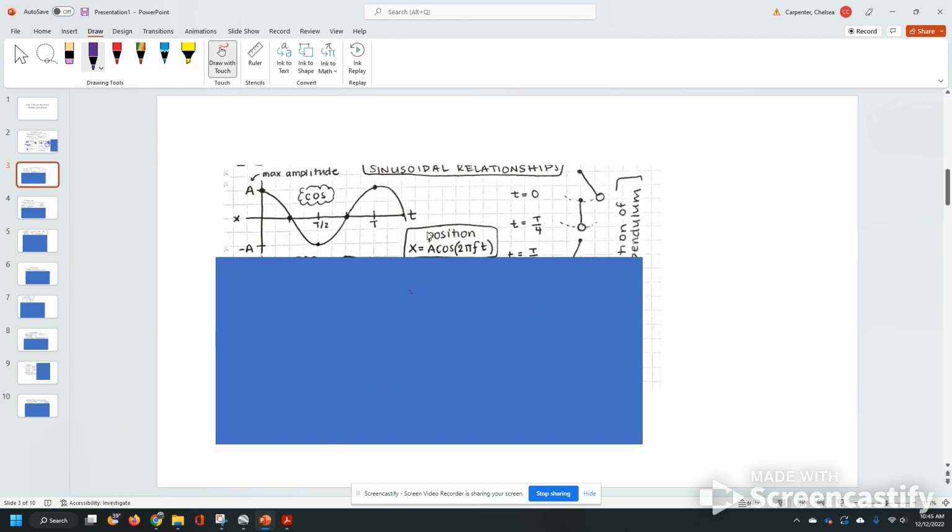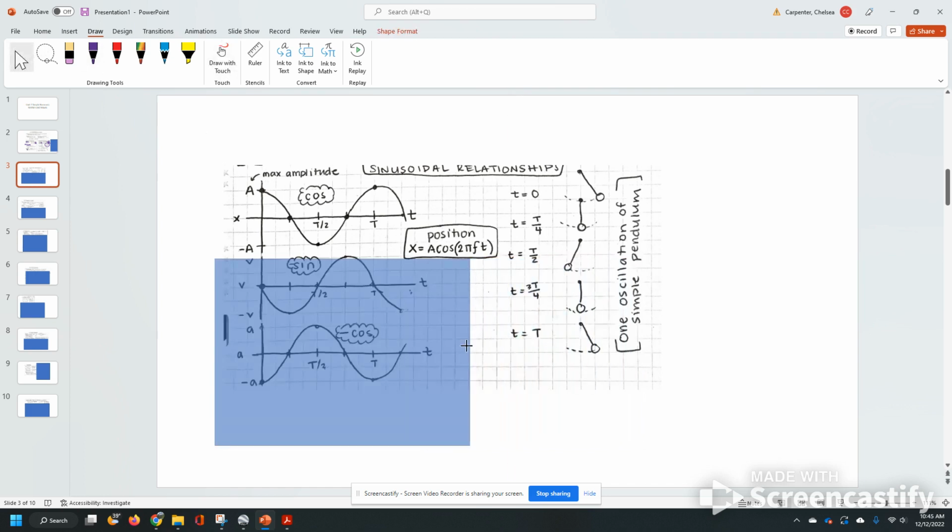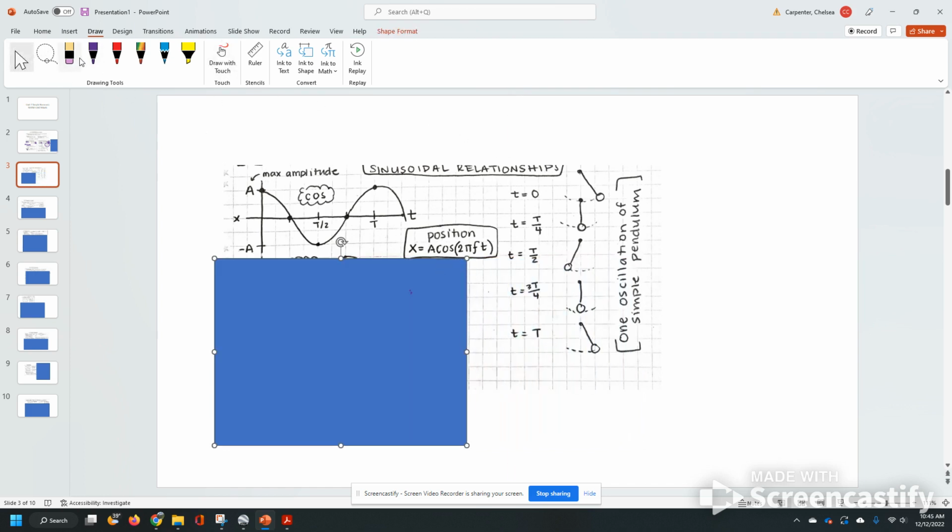For position, let's say we've got some pendulum here, and it goes out some maximum distance x. We're going to call that maximum displacement A. A is the amplitude, and that's our maximum distance from equilibrium. So we come out some distance x. This is A right here.